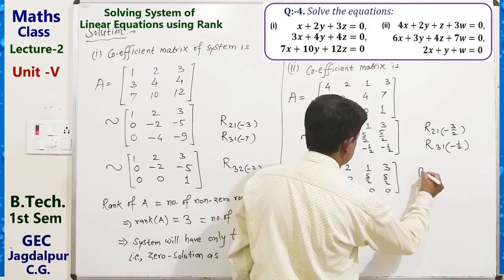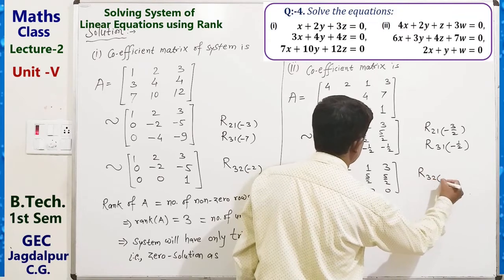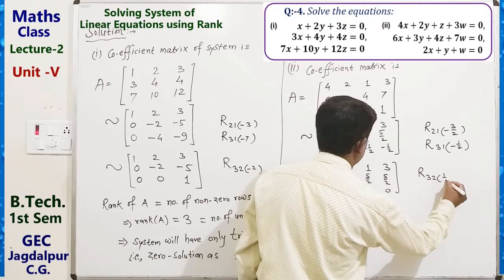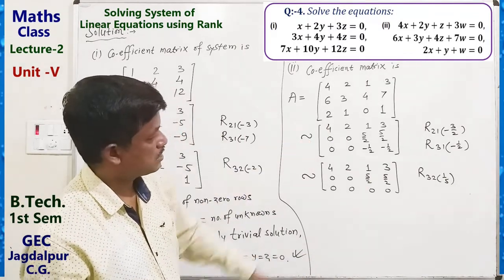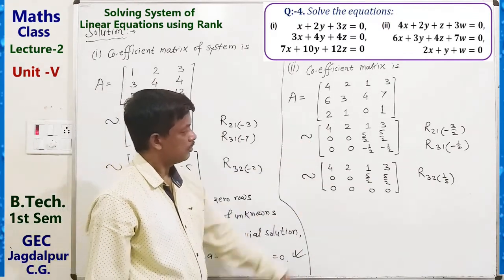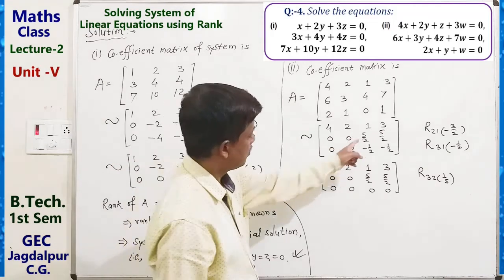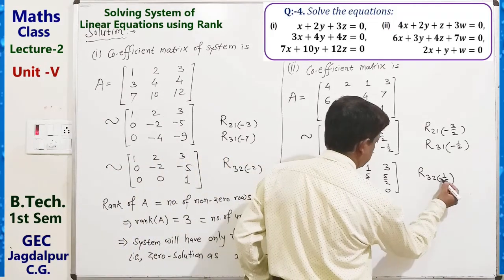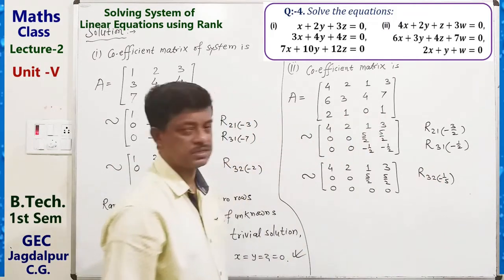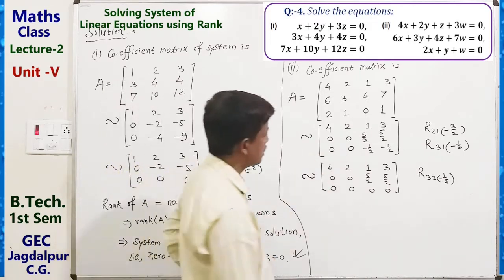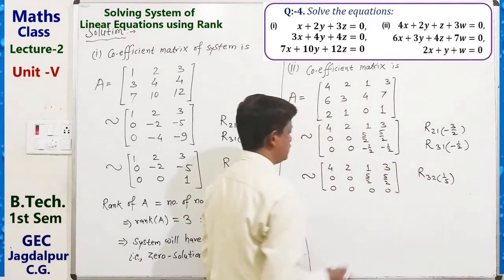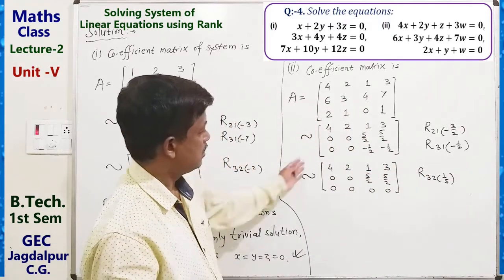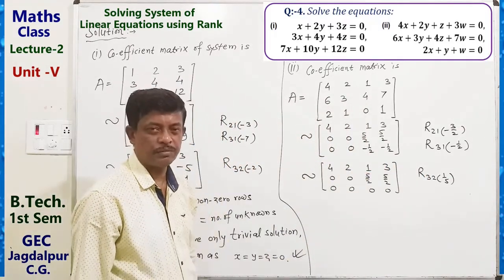Using the operation R3 plus 1/5 R2, multiplying by 1/5, the 5s cancel. Minus half plus half is 0. This is the upper triangular matrix.